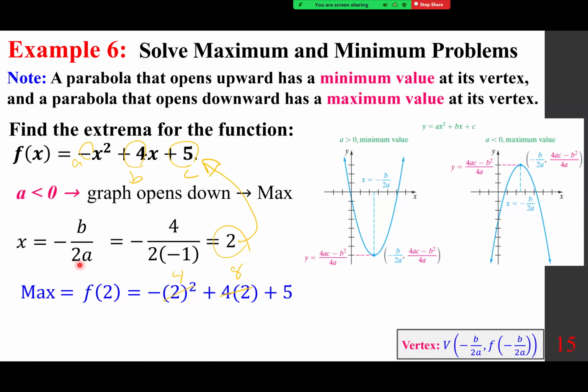So we have minus 4 plus 8 is positive 4 and 5, positive 9. So the maximum is equal to 9 at 2, comma 9. So it's important to know the location, okay? And it's pretty straightforward.